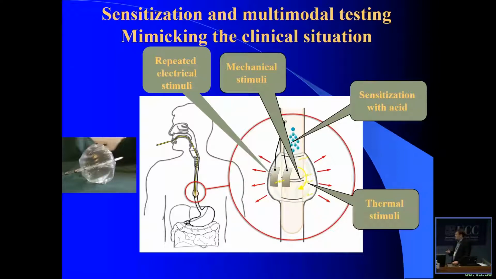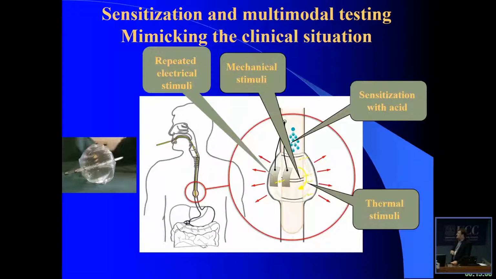That would be a chemical stimulation. We could change the temperature of the fluid inside the balloon, so we could also make a thermal stimulation, or place electrodes on the surface of the balloon or on the catheter, and that would be an electrical stimulation. So it would combine these four different types of stimuli.